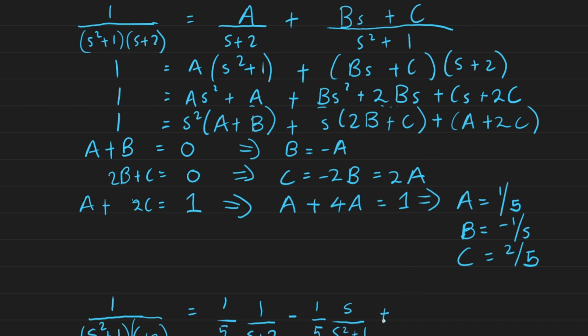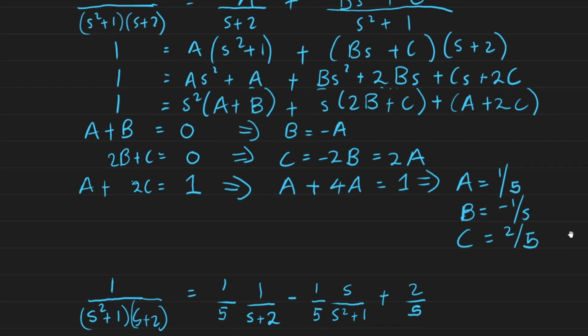C was 2 over 5. We have 2 over 5 into 1 over s squared plus 1.